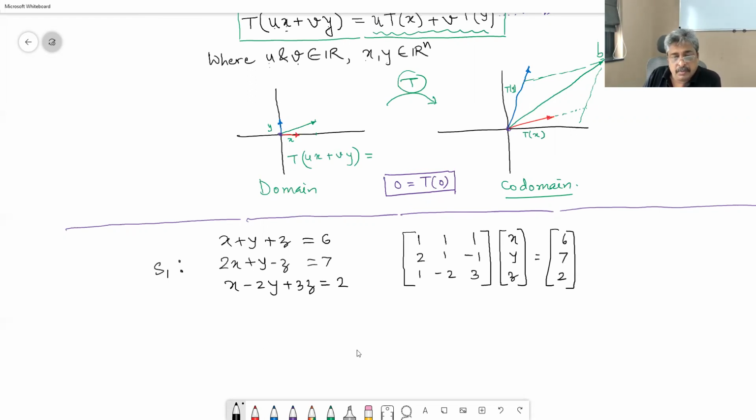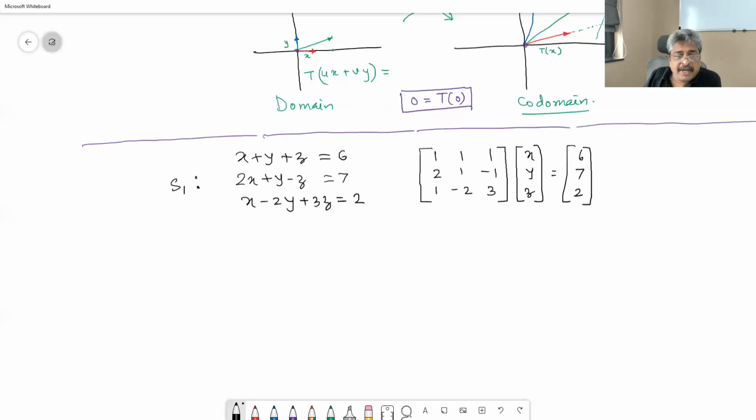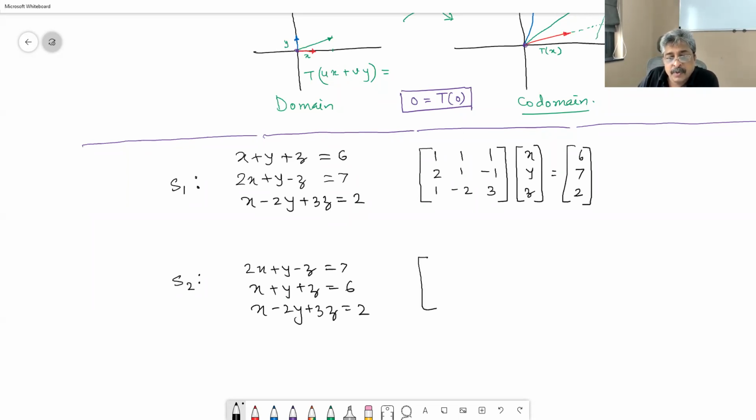Now without getting into the details, just using our common sense, if I write S2 as 2x plus y minus z is equal to 7, x plus y plus z is equal to 6, x minus 2y plus 3z is equal to 2, its matrix equation will be 2 1 minus 1, 1 1 1, 1 minus 2 3.